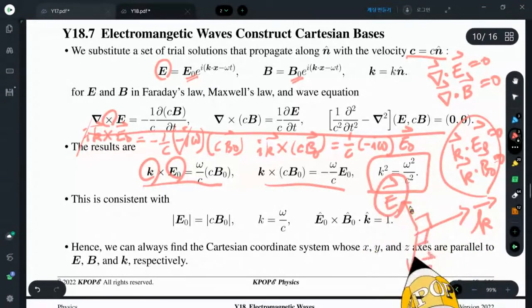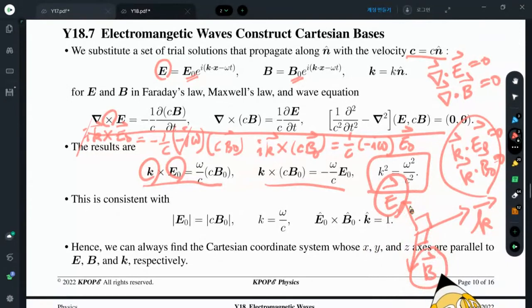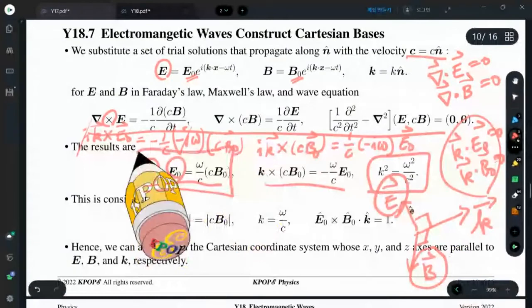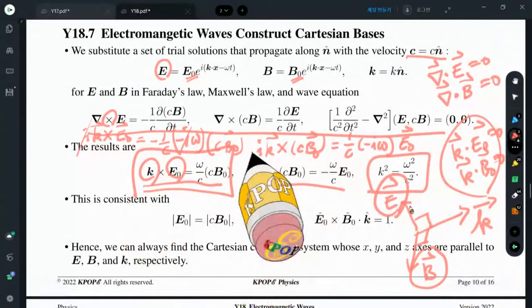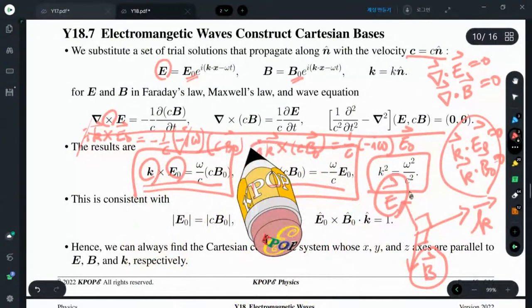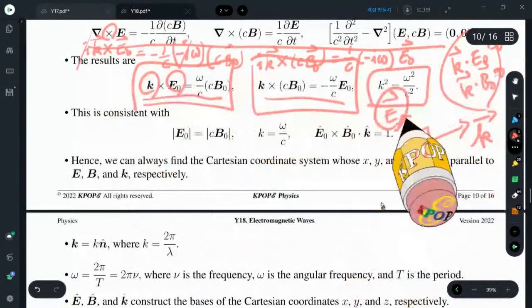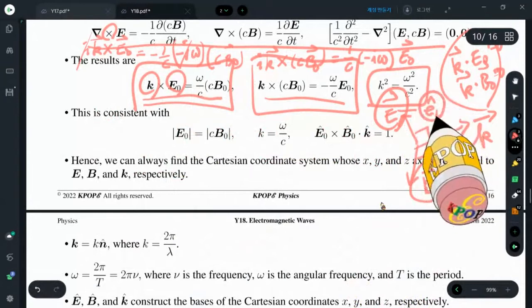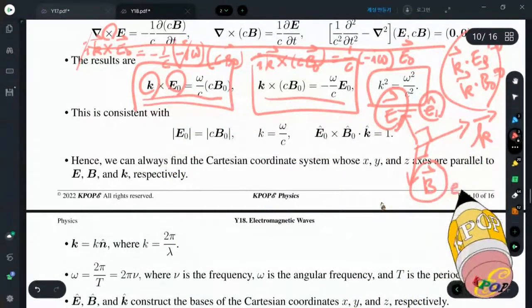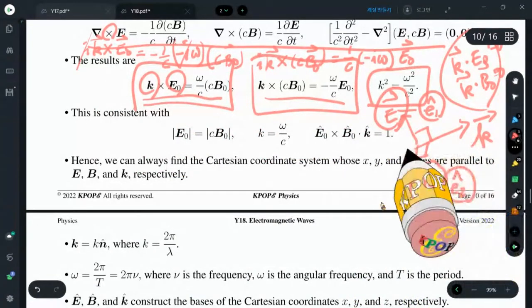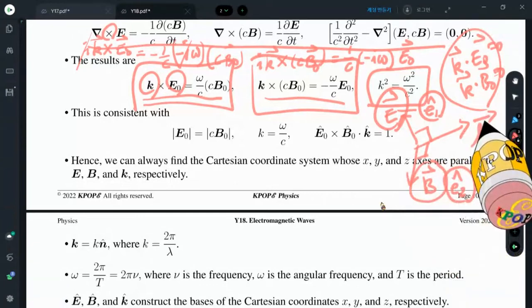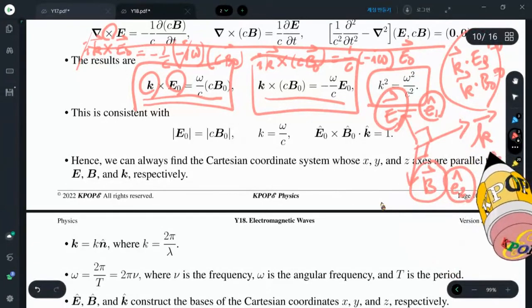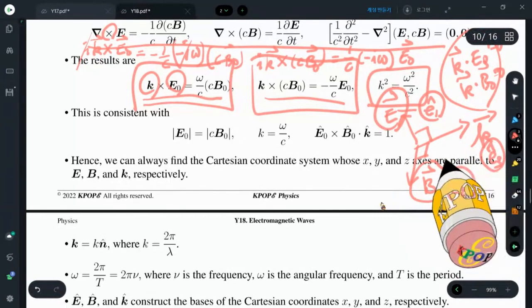So we are interested in the relative direction between the electric field and magnetic field. That is completely determined by Maxwell's law and Faraday's law. The final result is that the electric field behaves like the x-axis, the magnetic field behaves like the y-axis, and the wave vector behaves like the z-axis.